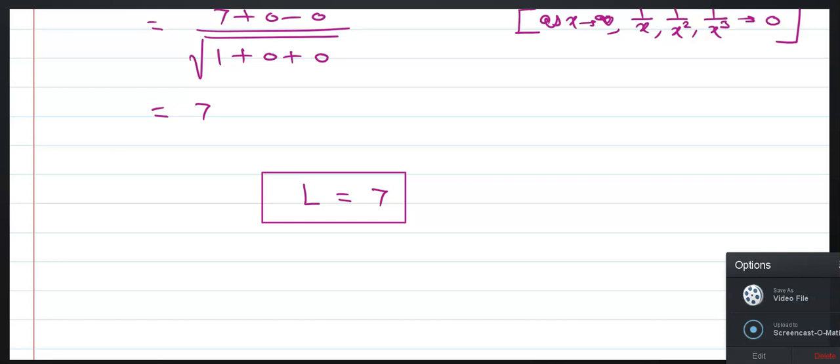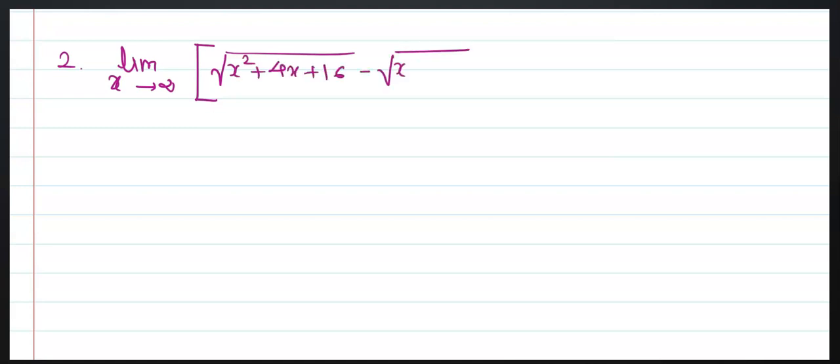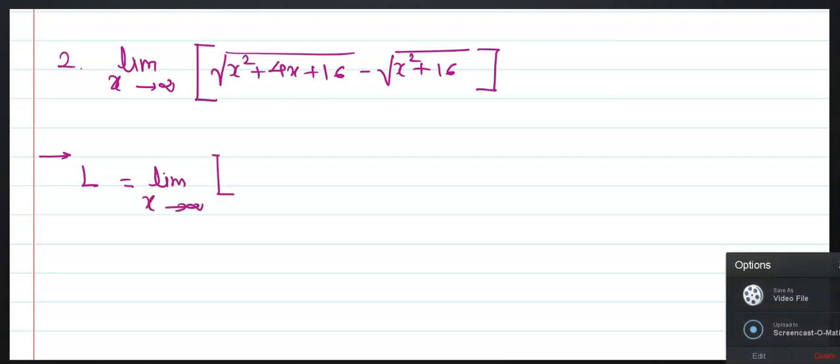Now, next is number 2. Limit x tends to infinity, √(x² + 4x + 16) − √(x² + 16). Now, to solve this limit, we first multiply by the rationalizing factor.